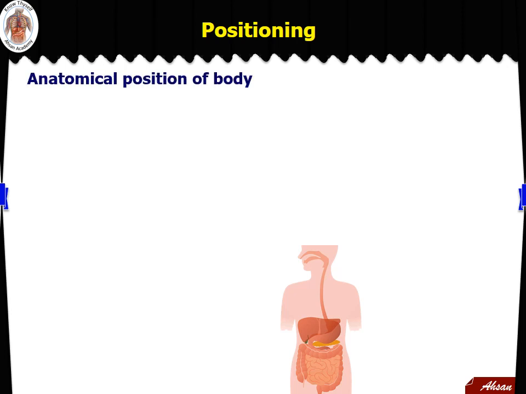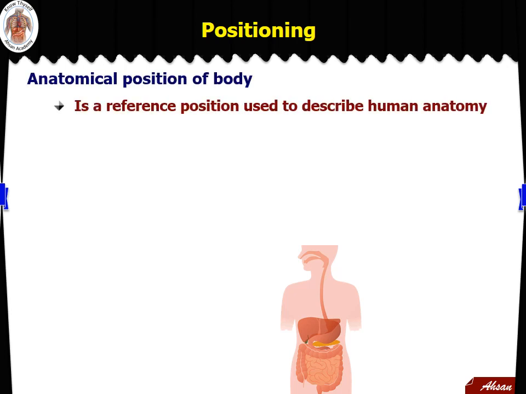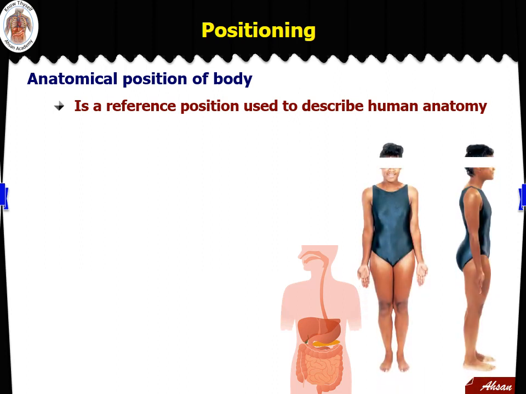So in the anatomical position of the body, we use some reference positions to describe human anatomy. We take help of some planes to better explain the position of a particular organ, or a particular area of the organ, or a particular point.